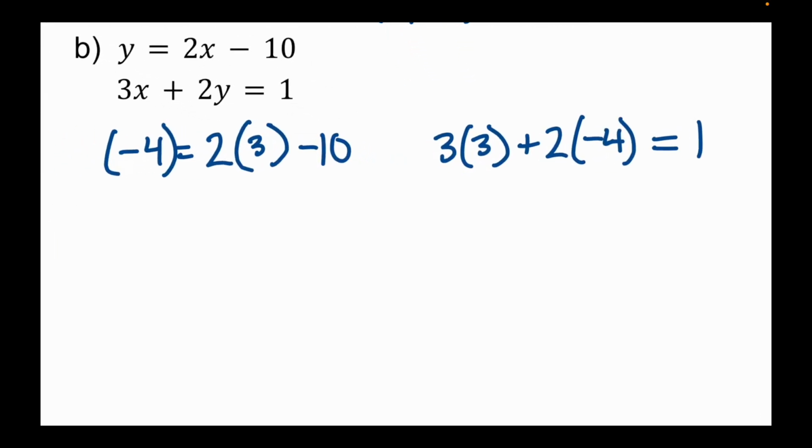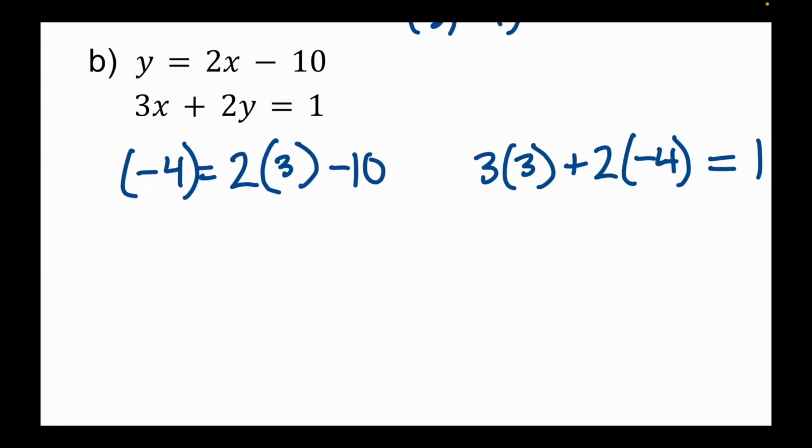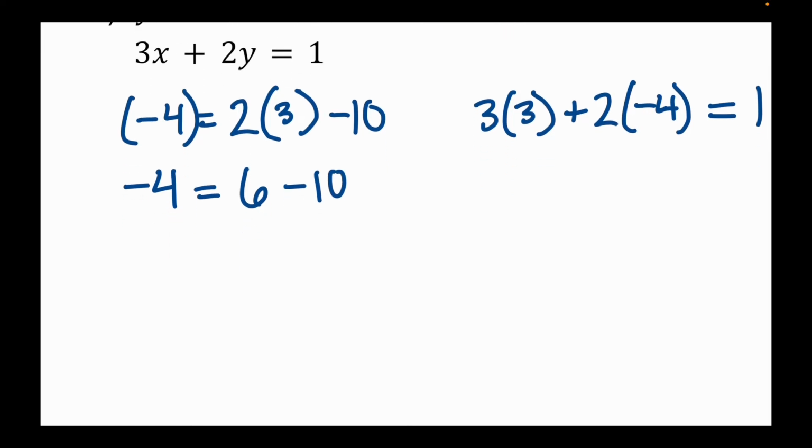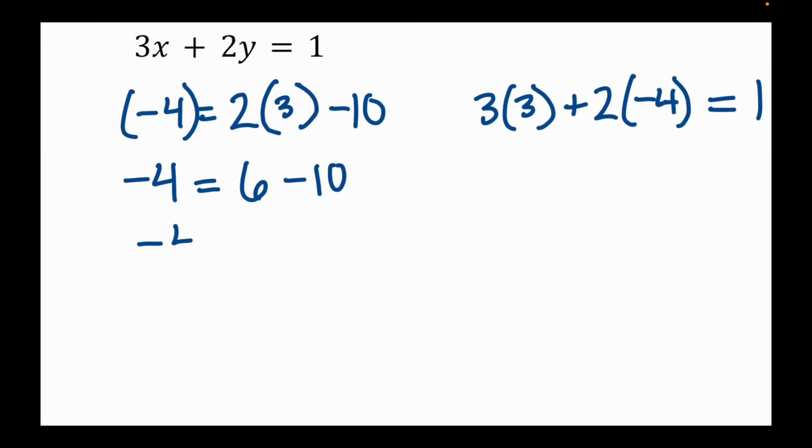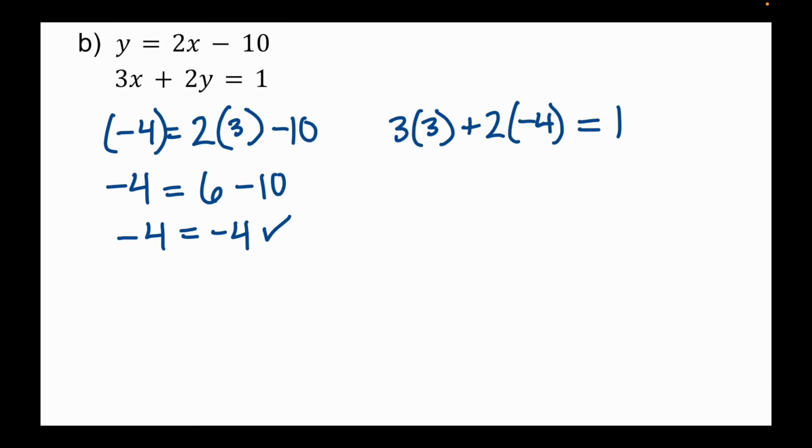So we want to test both of these. Let's start with the one on the left. -4 is just -4. There's nothing to multiply it with. 2 times 3 is going to be 6. So 6 minus 10. Is -4 equal to 6 minus 10? Yes, if you do 6 minus 10, you do get -4. So that first one checks out. We need to make sure the one on the right checks out also in order for it to be a solution.